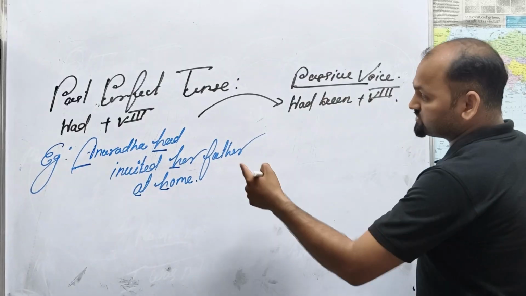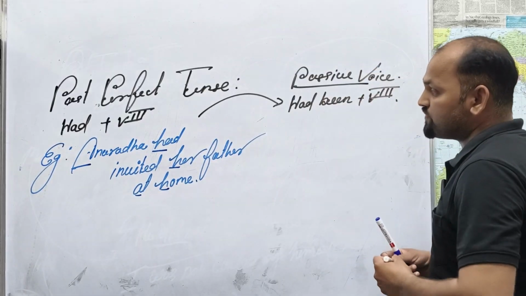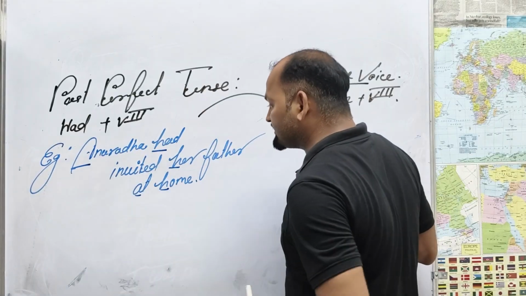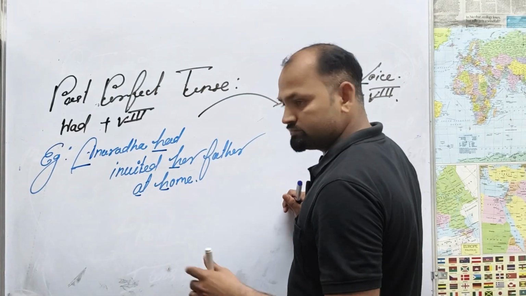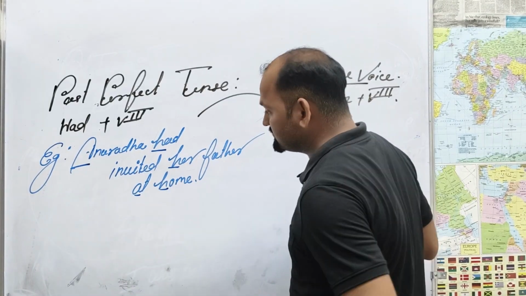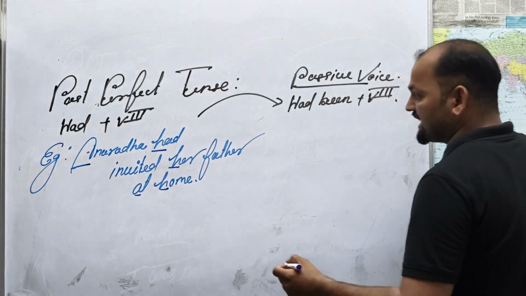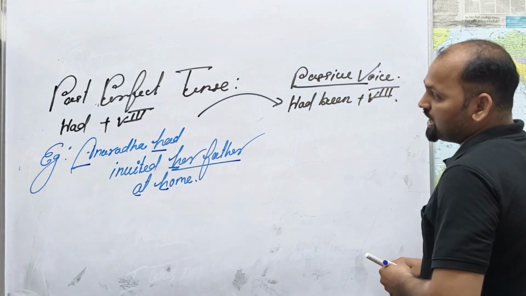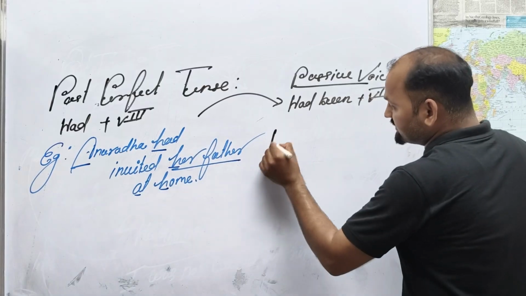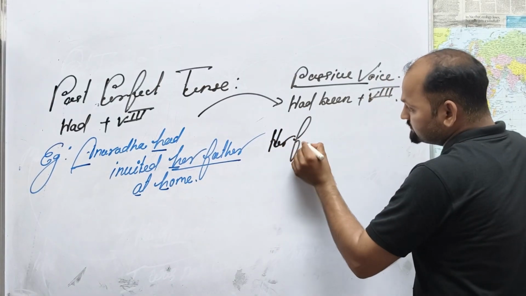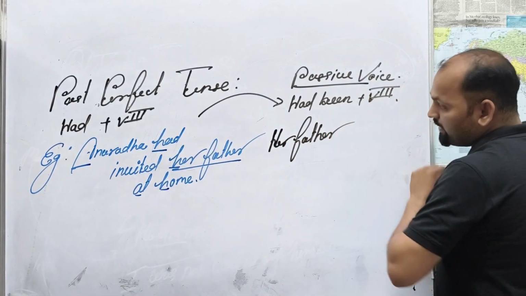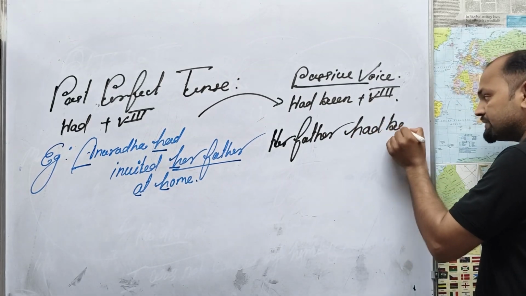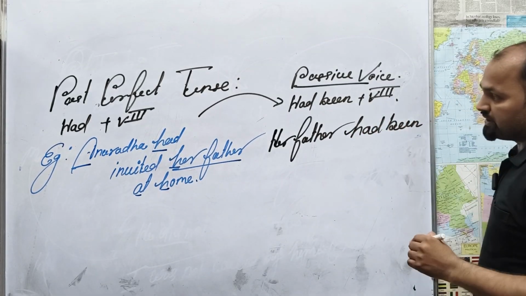First of all, you have to recognize where my direct and indirect object is. Anuradha had invited what? No answer. Whom? Her father. Her father is the direct object. I will start from here. Her father. Next, had been.